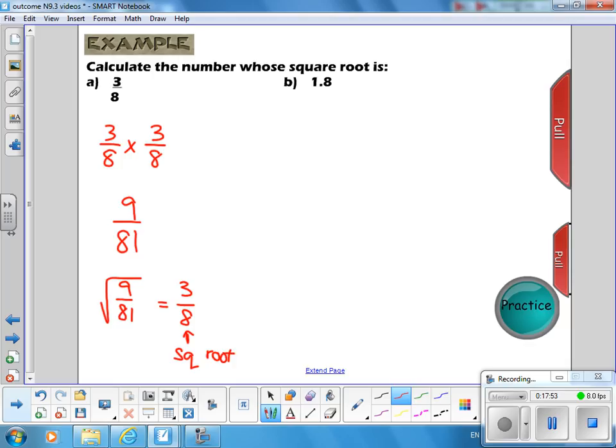And that's what we were given in the original question. We were given the square root. So we can do the same thing here, 1.8 times 1.8, and we will get our perfect square of 3.24. So what that says is that the square root of 3.24 is equal to 1.8.